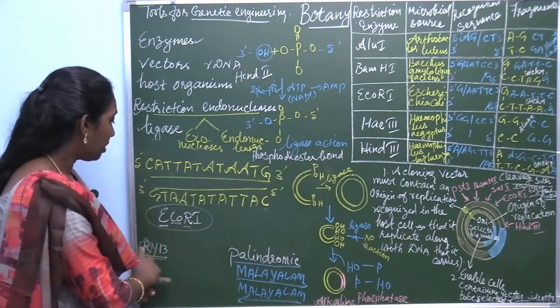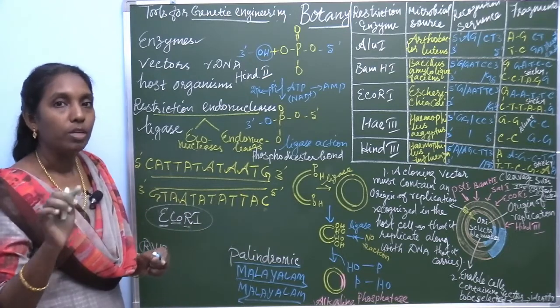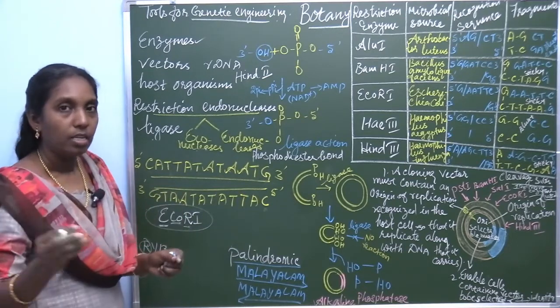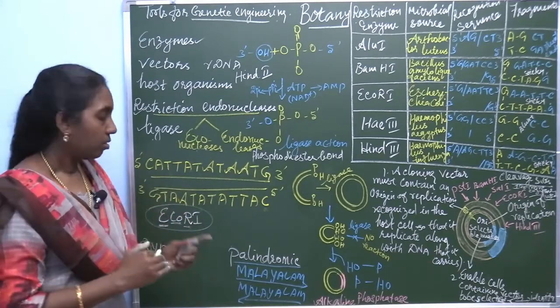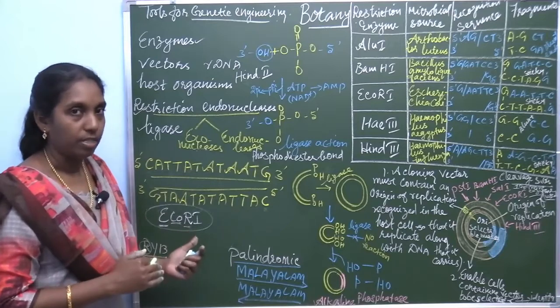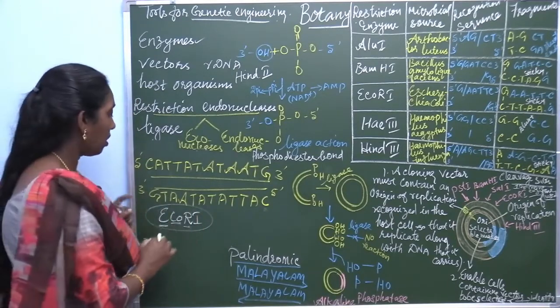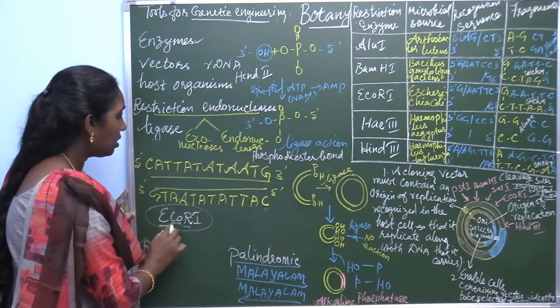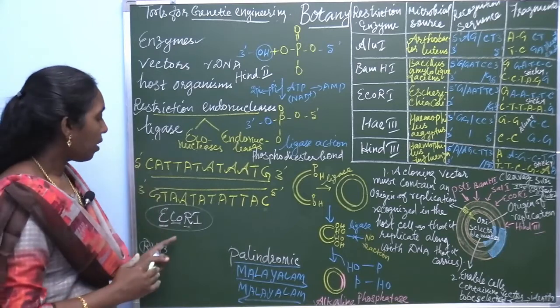Finally it ends with a Roman numeral, 1, 2, 3, based on the order of discovery. This was the first enzyme to be discovered, so it is named 1. The name of this enzyme is EcoRI.